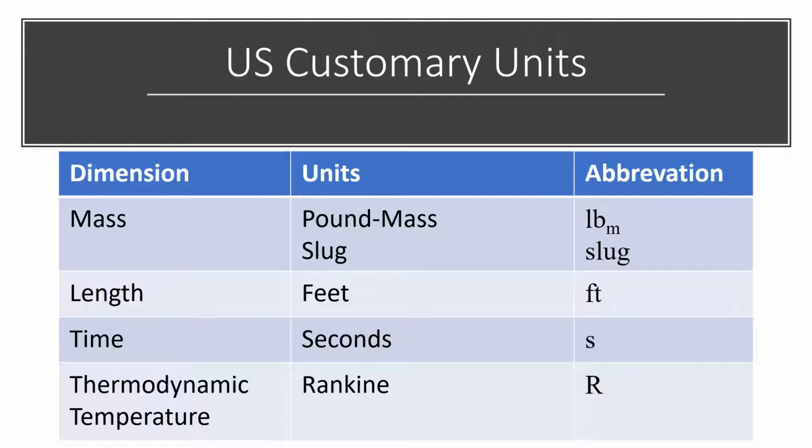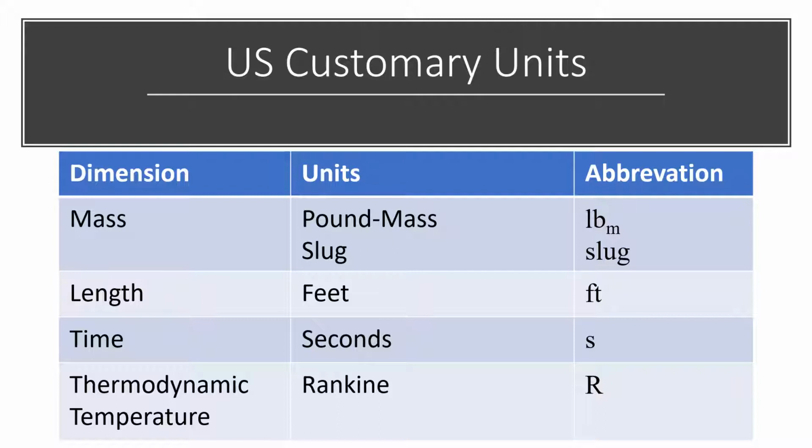If you put it on a table or on a floor, it's going to apply a force downward of 1 pound force. Okay, slug is another unit of mass, and we'll talk about it more later.